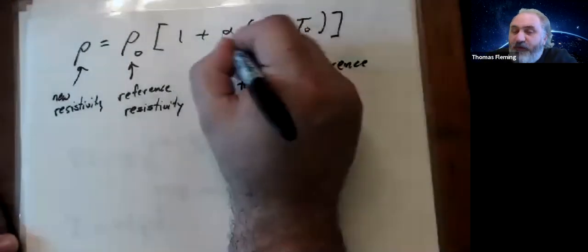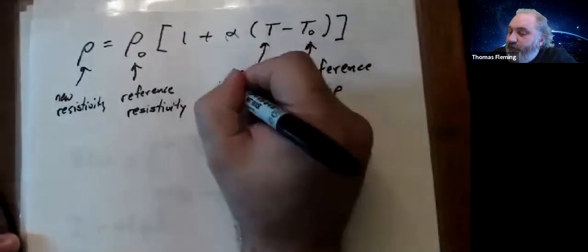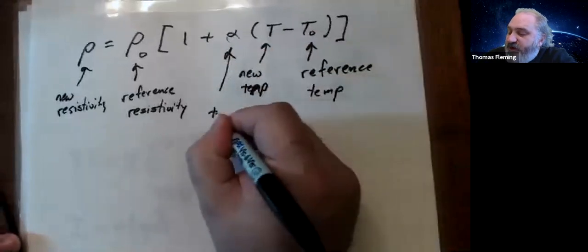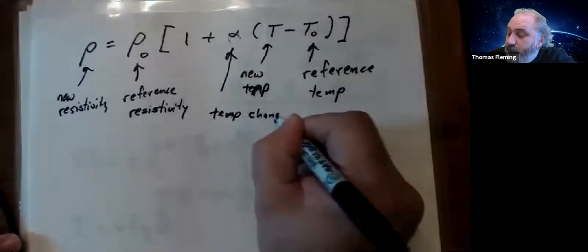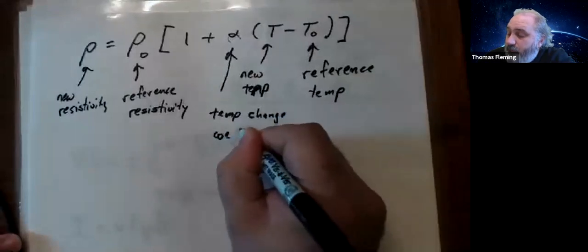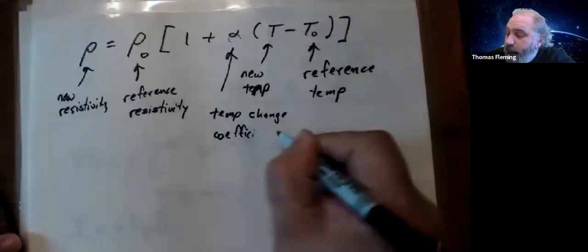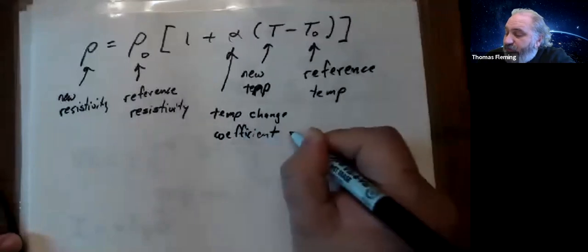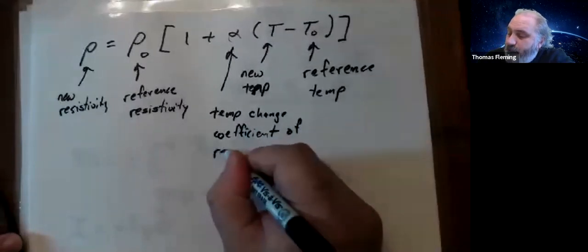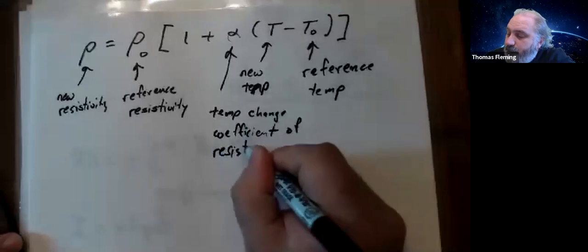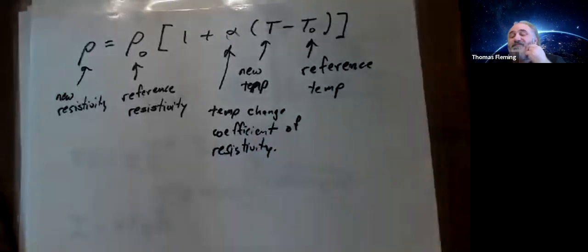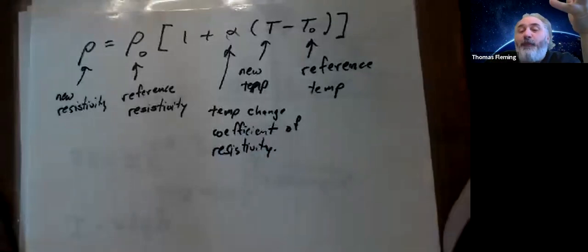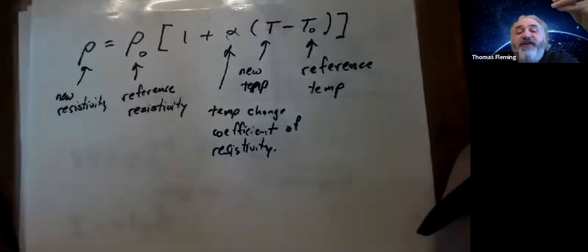And this little thing right here, the thing that looks like a fish, that's called the temperature change coefficient of resistivity. And it's just a number that is unique to each type of metal.